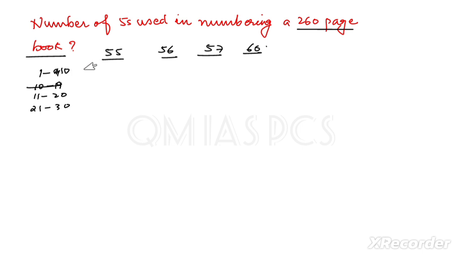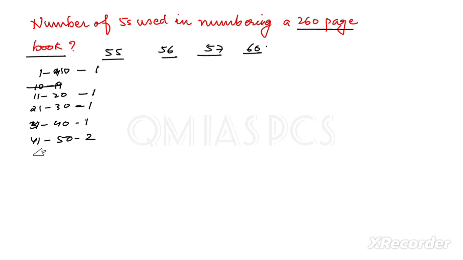In 1 to 10, there is only one 5. In 11 to 20, there is a 15. In 21 to 30, there is 25. In 31 to 40, there is 35. In 41 to 50, there is 45 and 50, so two 5s.